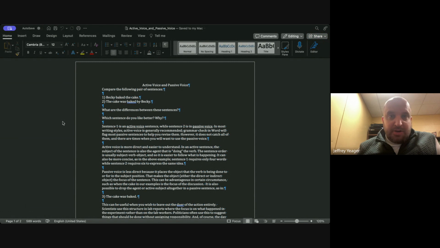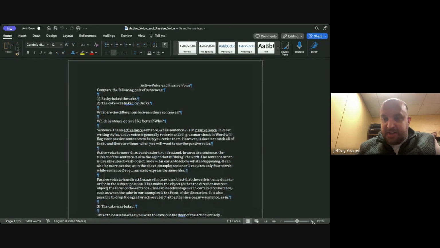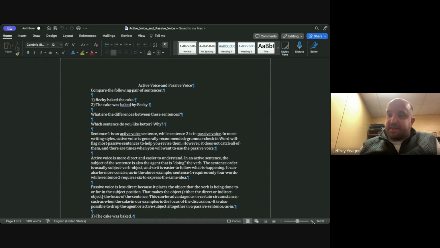If you are somebody writing in the discipline of English or journalism or something like that, you probably will want to write in the active voice. But if you are somebody like a science major of any sort, maybe a future biology major, chemistry major, in that type of writing, engineers especially like the passive voice.